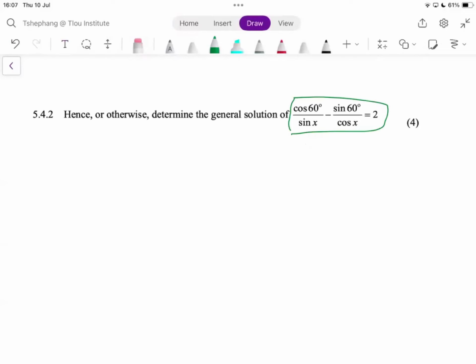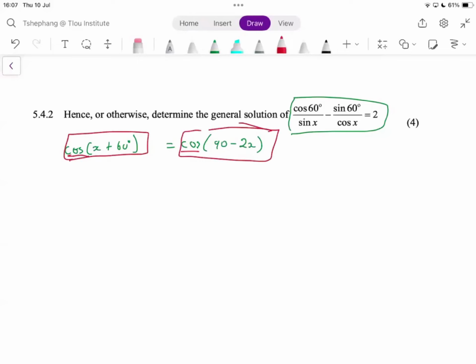Cos of x plus 60 degrees is equal to cos of 90 minus 2x. Now, because we have cos and cos, it means that the angles have to be exactly the same. If these two things are equal to each other, provided that the ratio is the same, the angles have to be the same.